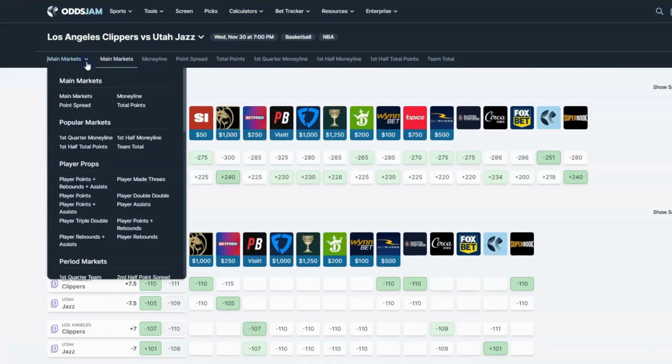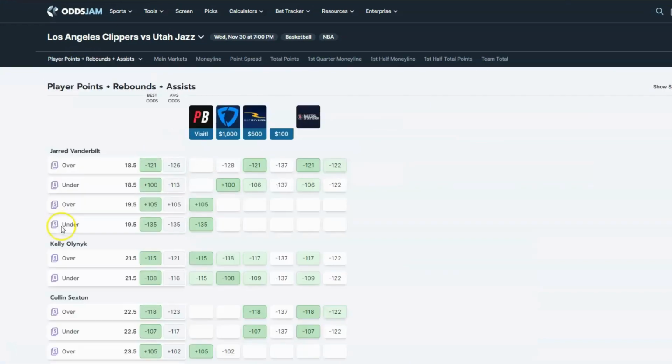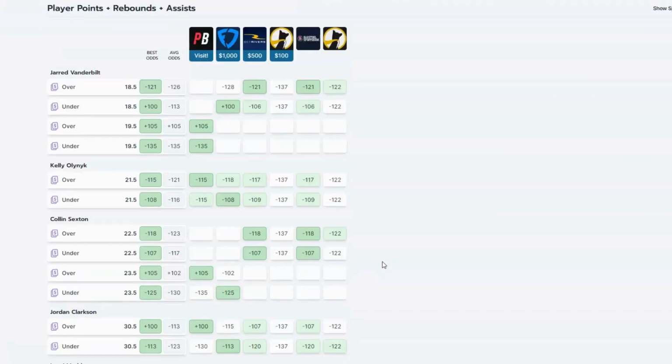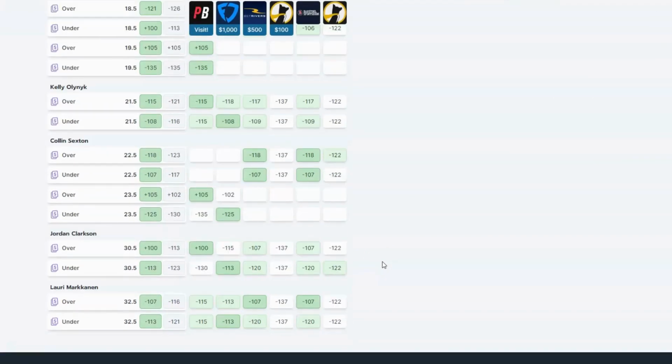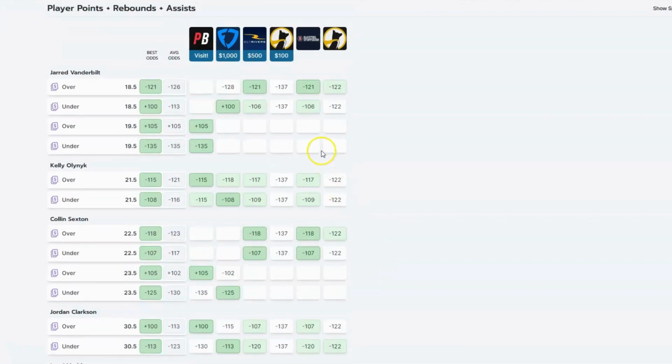So again, you can pop over to the player props markets, and maybe you're going to take a look at the points, rebounds, and assists. And again, you're using the data to your advantage to help you identify some opportunities. Okay, so you're seeing some of the early information here on some of the markets and what that provides.